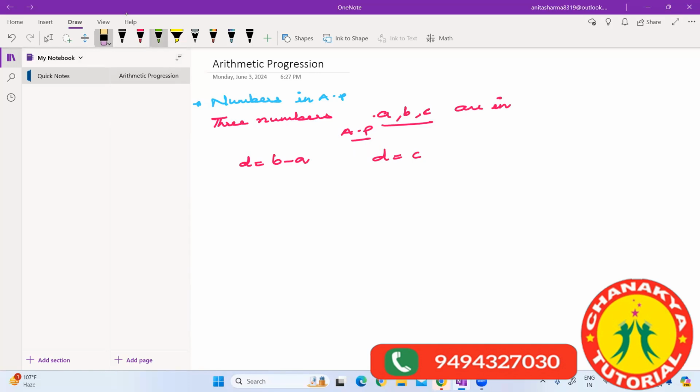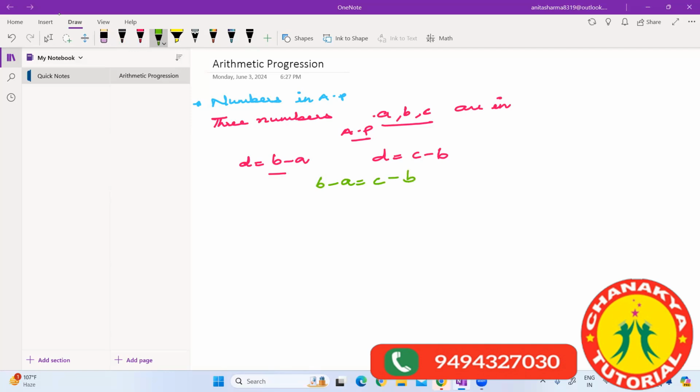As the common difference is the same, you can equate both the common differences. So you will get one condition that B minus A is equal to C minus B. Sorry, I wrote C minus A by mistake.